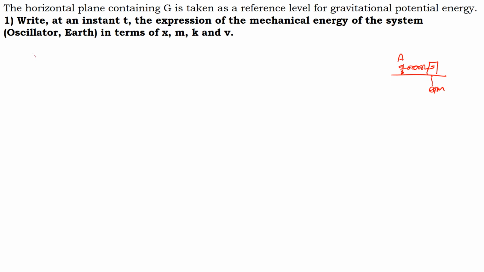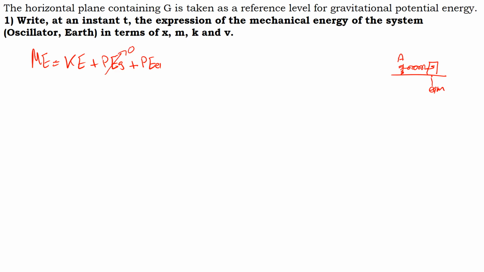The mechanical energy is equal to the kinetic energy plus gravitational potential energy plus elastic potential energy. As we said, since we don't have a change in height or in position with respect to the reference, there is no gravitational potential energy.